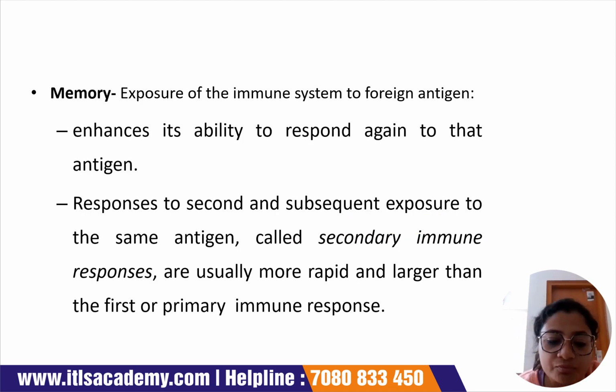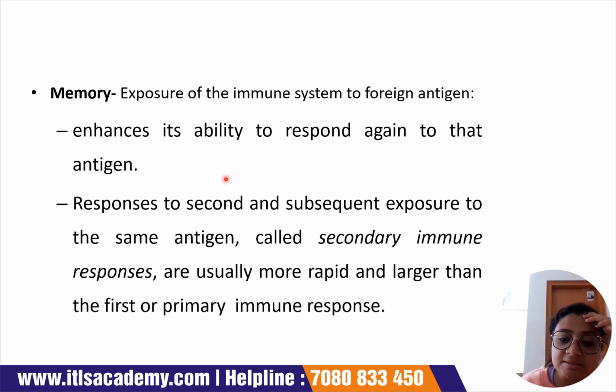Now coming to the next important feature, that is memory. Again, a very, very important feature of the adaptive immune system. It is the exposure of the immune system to a foreign antigen which the body needs to remember.